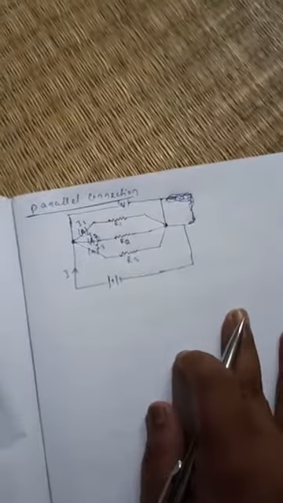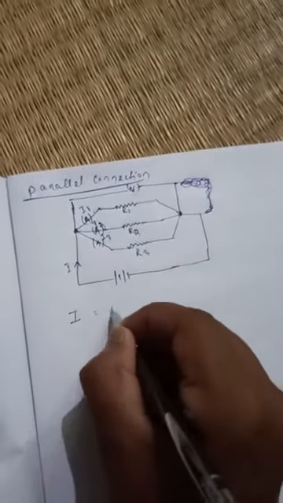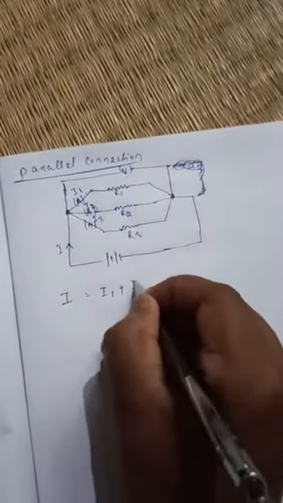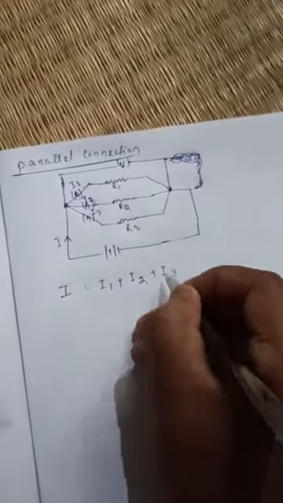So in this case, we can say that total current equals I1 plus I2 plus I3.